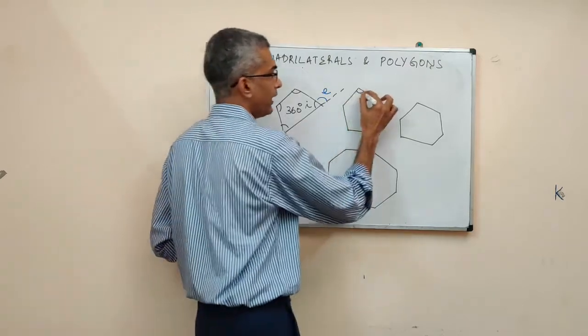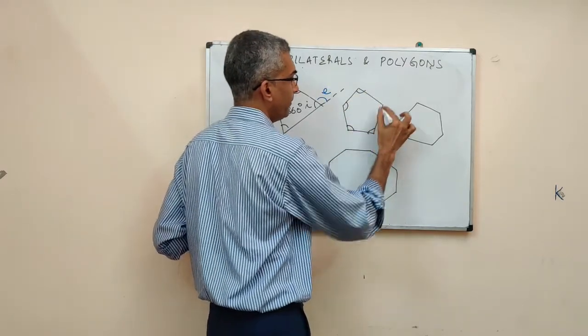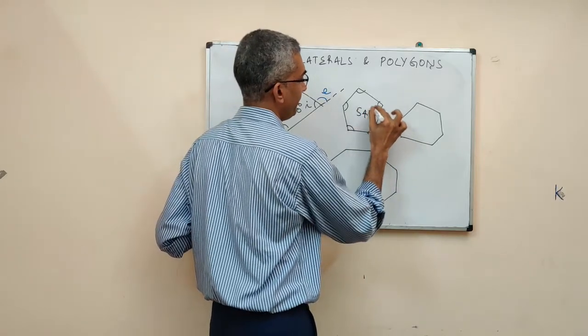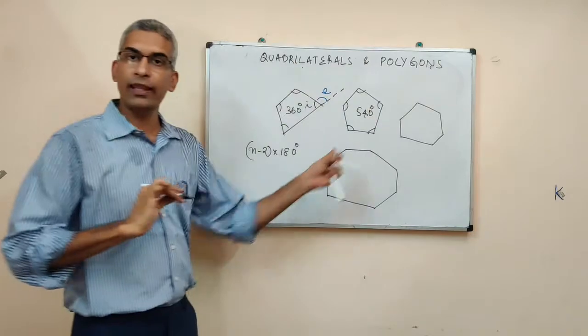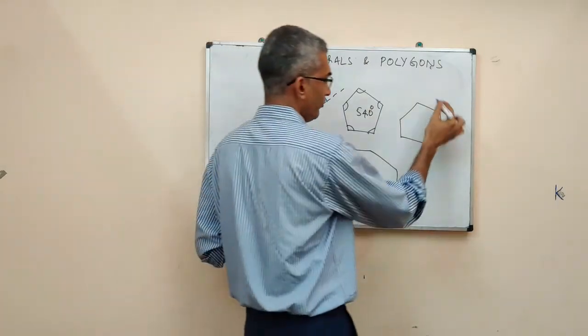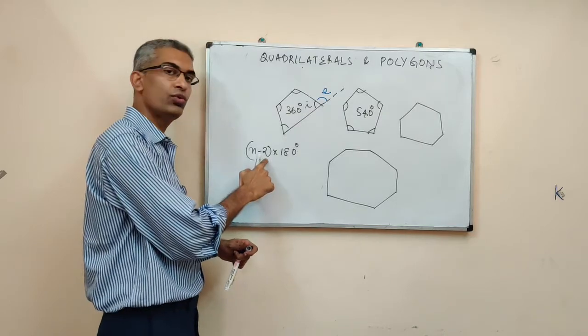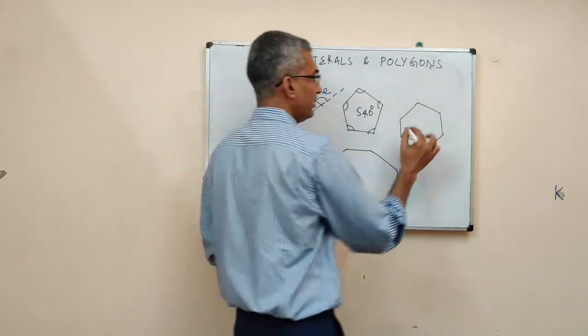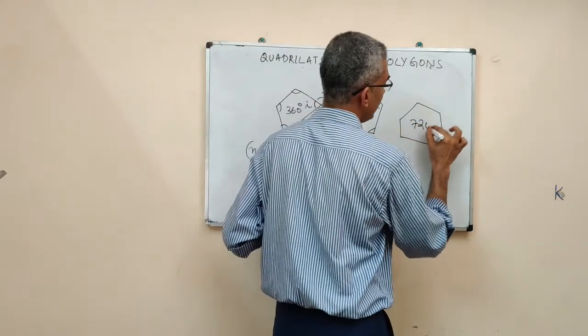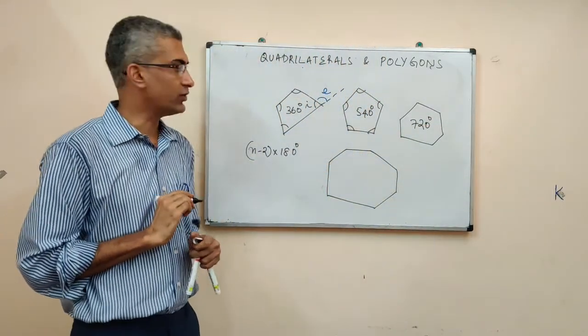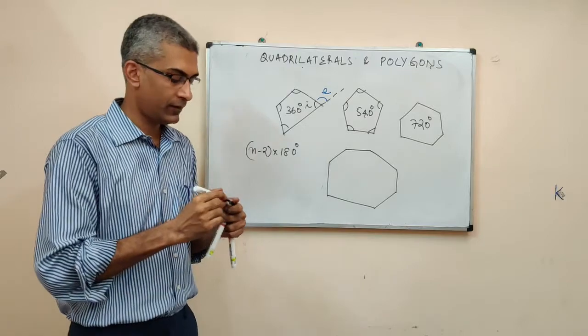The sum of the internal angles will be 3 into 180, which is 540. In the case of a hexagon, where we have 6 sides, n becomes 6. So 6 minus 2, 4 into 180, the sum of the internal angles will be 720 degrees, and so on.